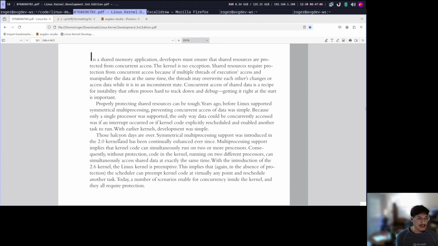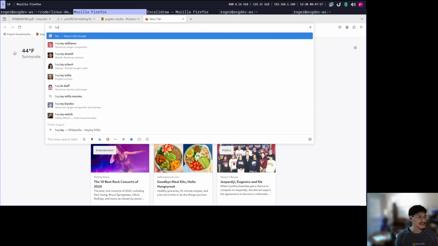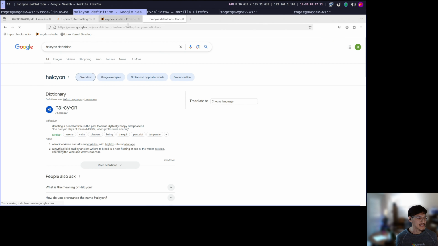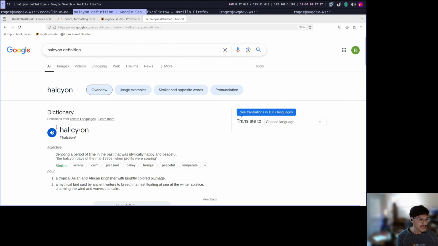Okay, those halcyon days are over. What the heck does this mean? I always hear it, but I don't even know what it means. Halcyon. First of all, let's find out the definition. I don't know if anybody can see this, so let's zoom in. Denoting a period of time in the past that was idyllically happy and peaceful.